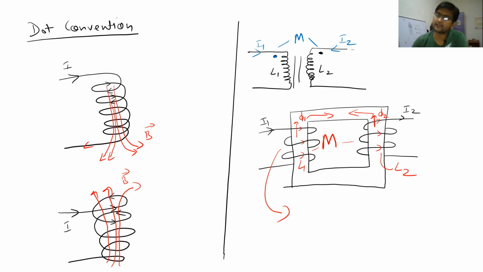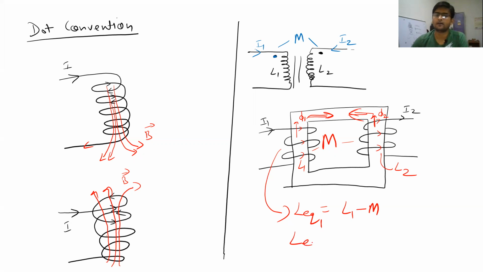The total inductance of this primary coil will not only be L1, but also it will include some inductance, which is the mutual inductance M, produced by the flux coming from the secondary coil. Since these fluxes are in opposing direction, we can say that the total inductance, or L equivalent of the primary winding, let me call it L equivalent 1, will be equal to L1 minus M. Why minus M? Because these fluxes are opposing each other.